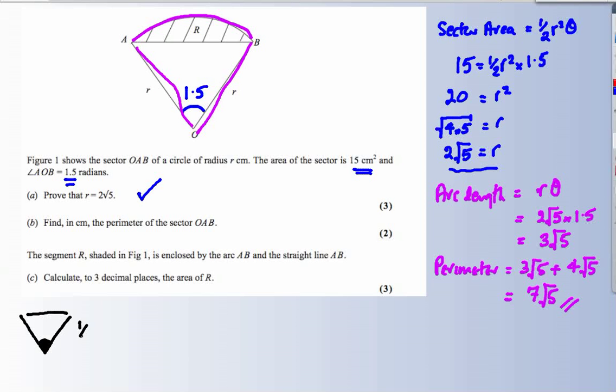So a half of AB, in this case r times r, sine of the angle between, and that will give us the area of the triangle. Once we subtract that from the sector, we will get the bit on the top that we're after.